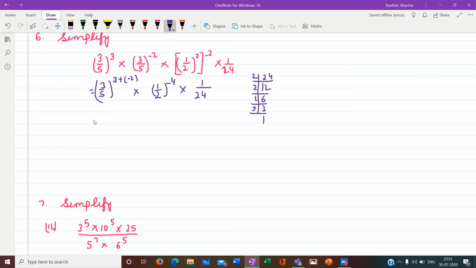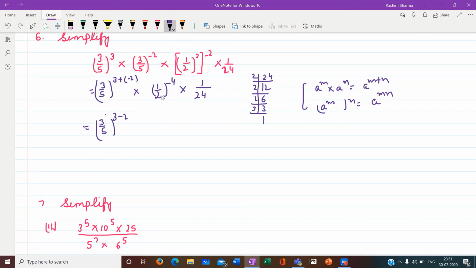Now here we have used the first law: a raised to power m into a raised to power n is a raised to power m plus n. Then we used the law (a^m)^n, where powers are multiplied. Now we get here (3/5) to the power 3 minus 2.